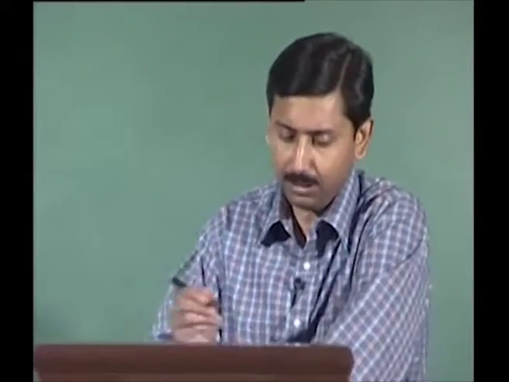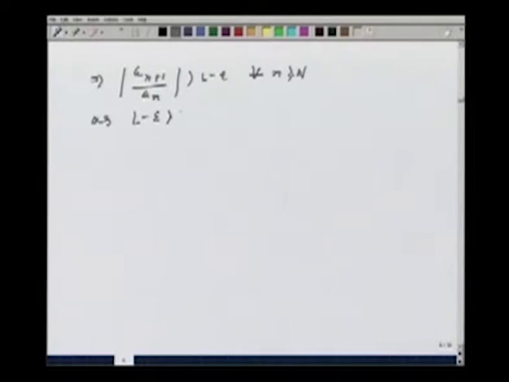Then by the definition of limit, this implies modulus of an plus 1 divided by an is bigger than L minus epsilon for all n bigger than or equal to capital N. Okay. But then I can compare this again with the previous result: as L minus epsilon is strictly bigger than 1, the series diverges. Summation an does not converge.